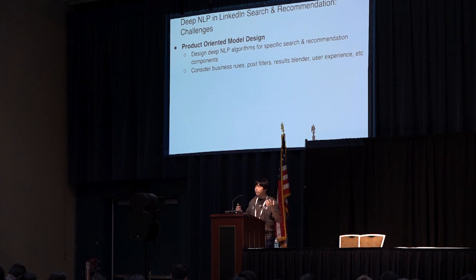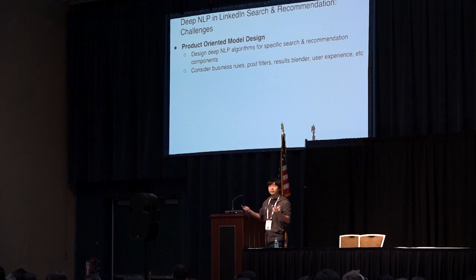Each component is heavily connected with downstream and upstream, so changing one will cause a lot of other effects. Coming to the product, we also need to consider business rules, post filters, blending, and user experience. Some of them can be incorporated into the modeling, some cannot. So we have to balance the modeling and the product.